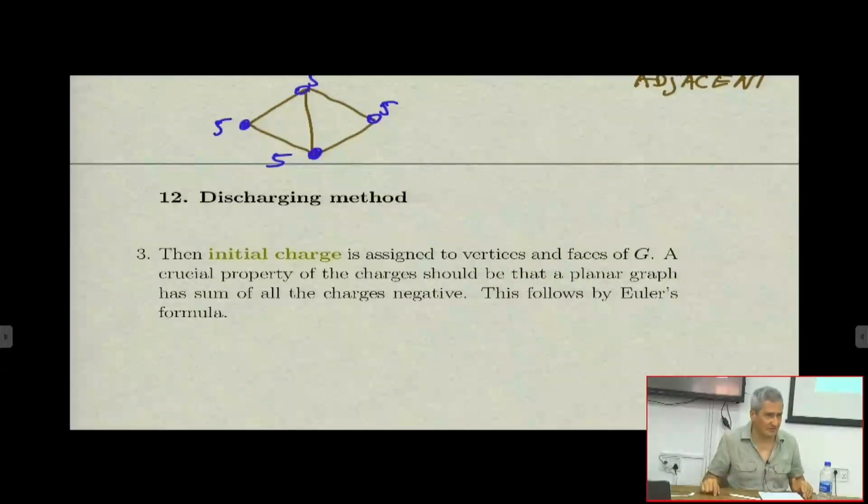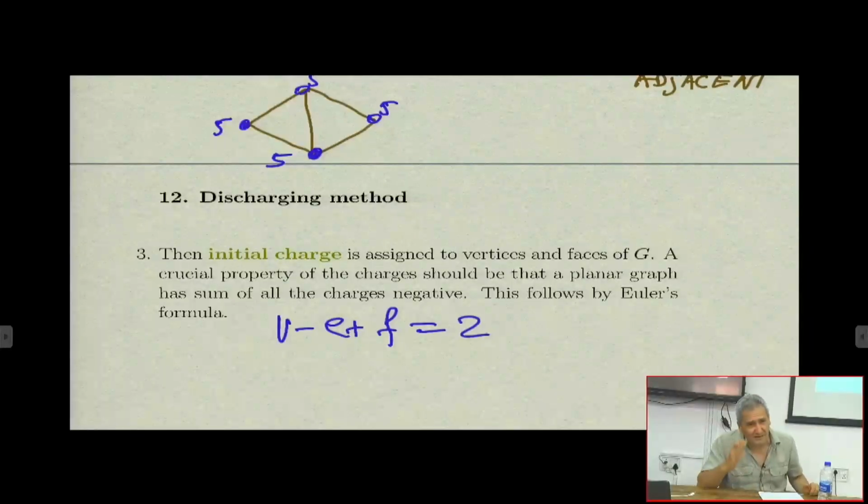Initial charge. Here we use the Euler formula. We assume the graph is connected. The Euler formula says V minus E plus F is 2.